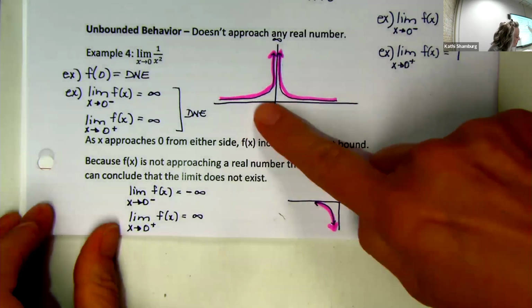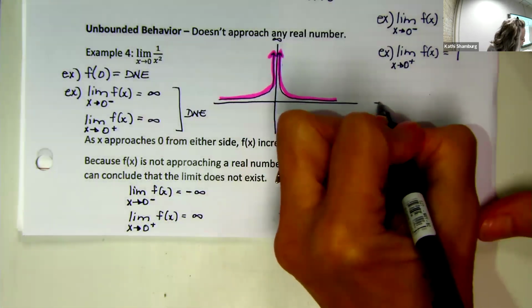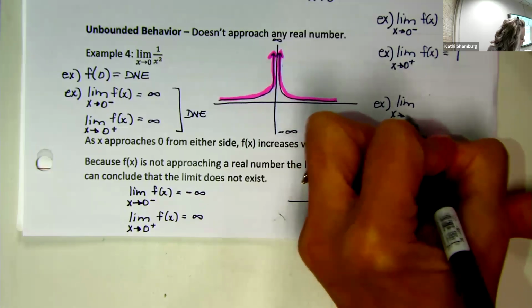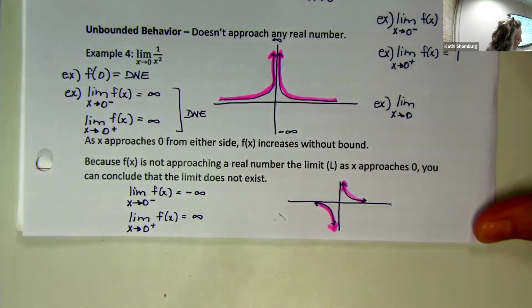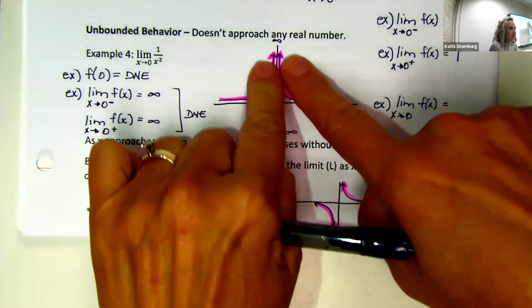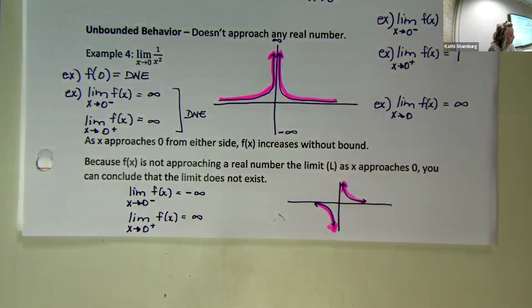So up here in this example, if they did want infinities as the answer, and you were asked the limit as x approaches 0 and it didn't say from the left or the right, are they both approaching positive infinity? Yes, so this would be positive infinity.